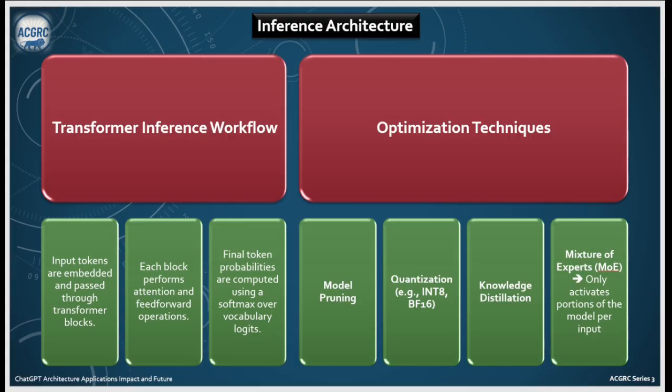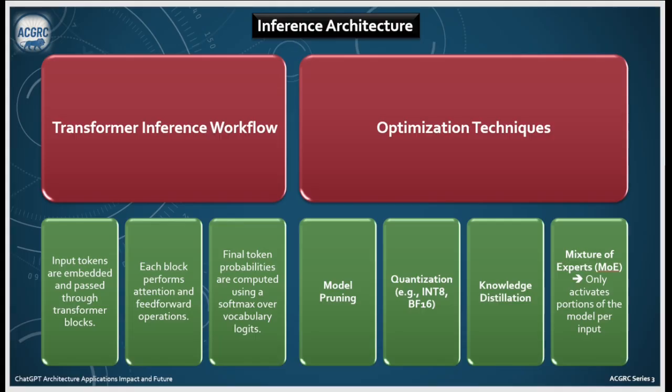Mixed precision training is using smaller, faster numbers like 16-bit instead of 32-bit without losing accuracy. Model sharding, breaking a very big model into smaller pieces stored on different machines. It's more of a teamwork. Dynamic batching, it's grouping multiple users' questions together for processing so the model is busier and faster, like carpooling.